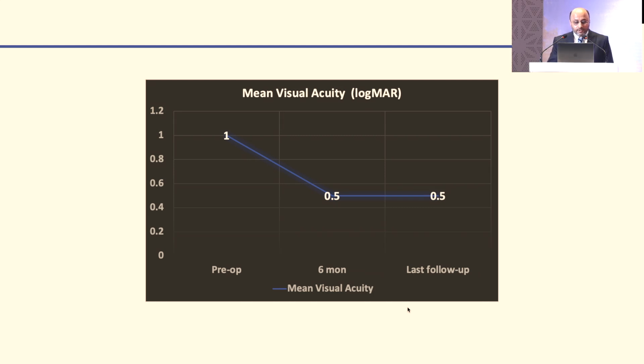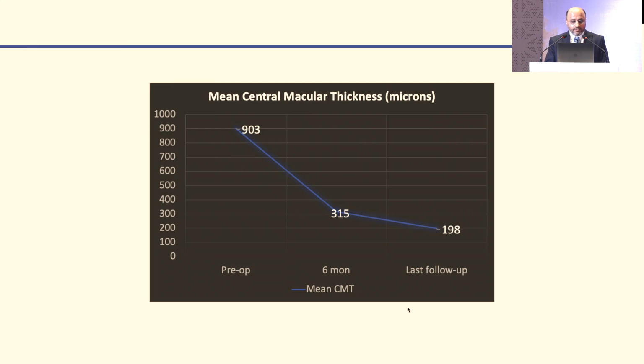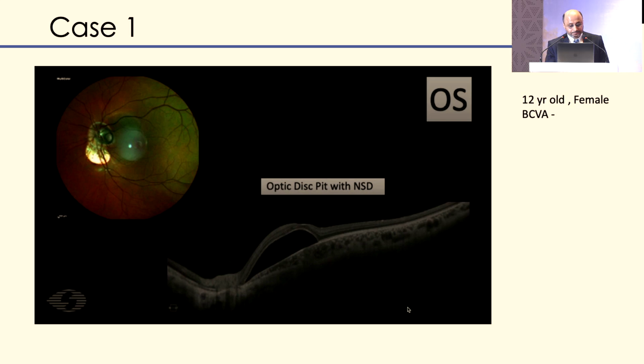The visual acuity gain was significant, from 1 logMAR to almost 0.5 logMAR, and there was a drastic reduction of the central macular thickness from almost 900 microns to 198 microns. Most of the cases showed a rapid reduction in fluid, ranging between 2 to 4 months.